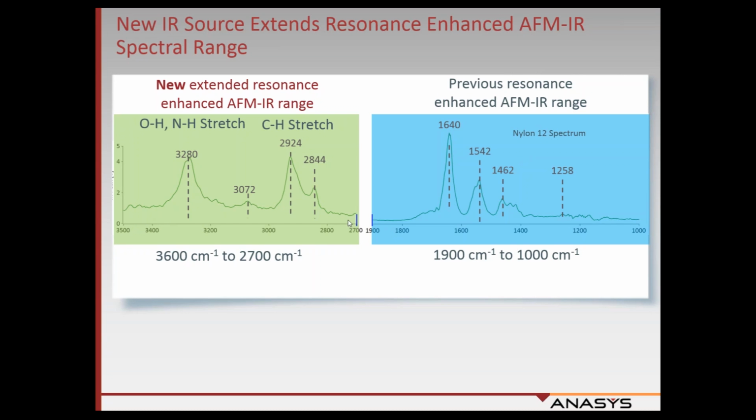So we have a new exclusive source, covering this range continuously from 2700 to 3500, which gives us the capability to look at the OH, NH, and CH stretch in the resonance-enhanced mode, so we can measure thin samples with high spatial resolution.